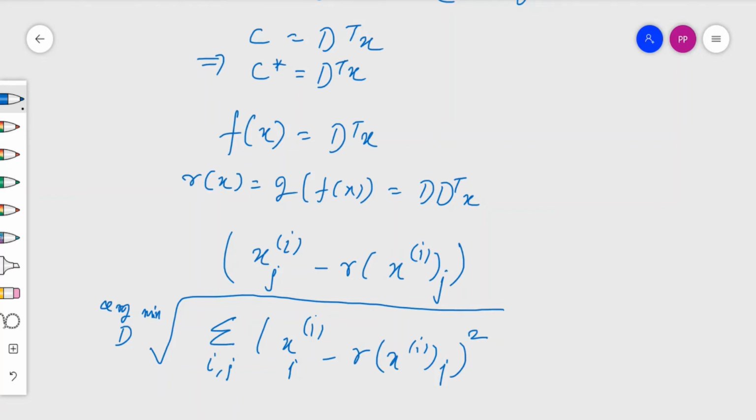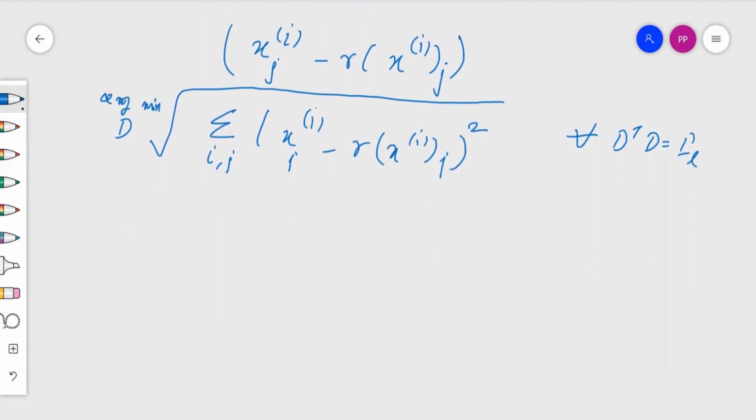So here the condition is that D transpose D should be I_L. It means the matrix D is orthogonal. So let us take a little more advantage of the computer technology. We will consider the situation where we start with the n element point to be encoded into an L element point.